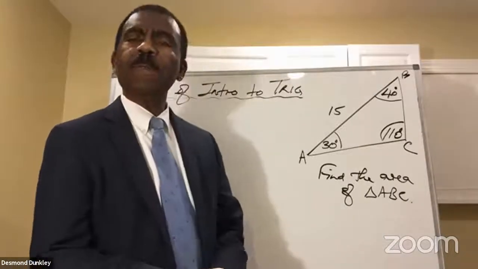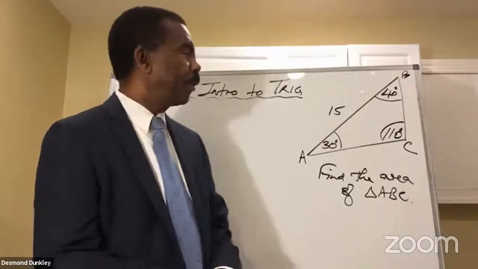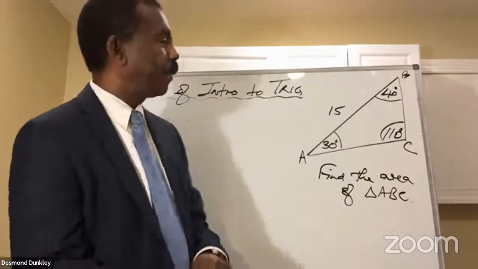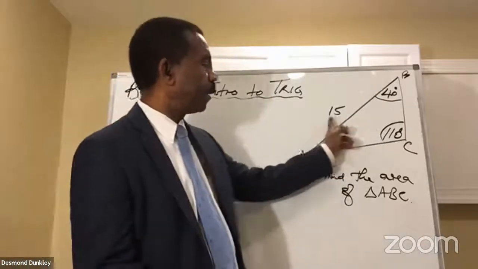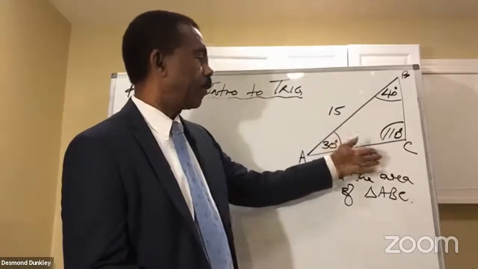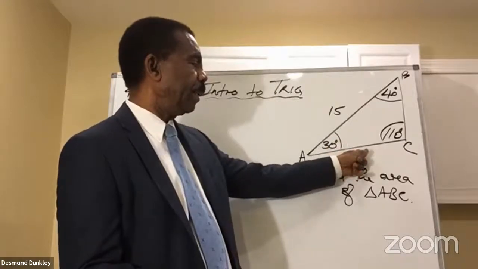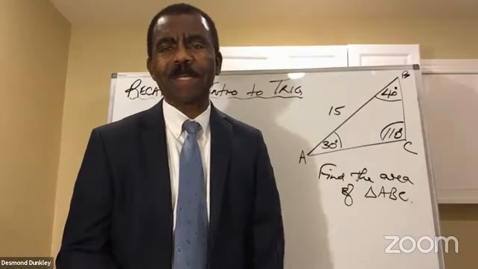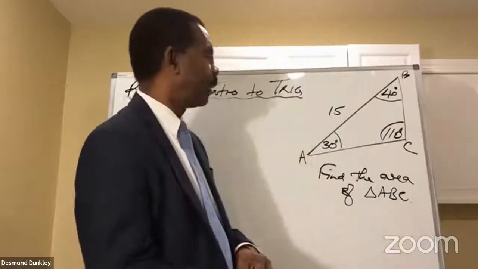In order for us to find the area, we need to get one more side. We have these two angles, so we could find either side B or side A. It does not matter which one. It will all work out to be fine.